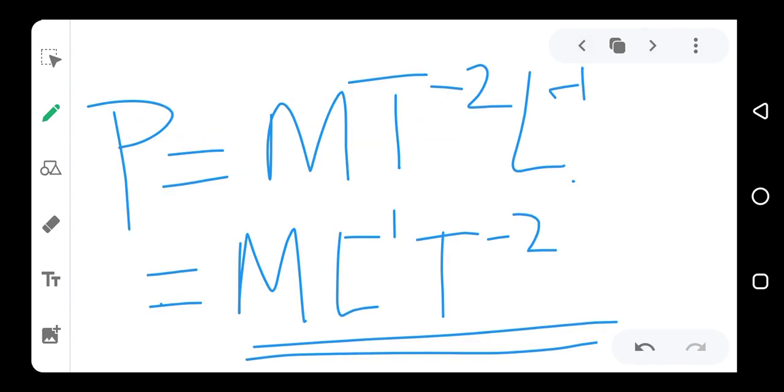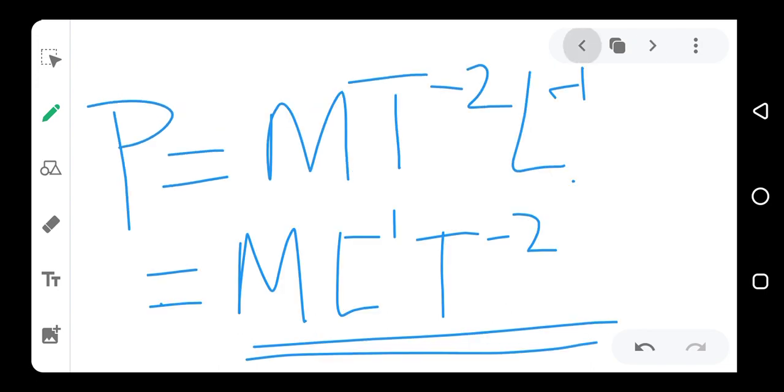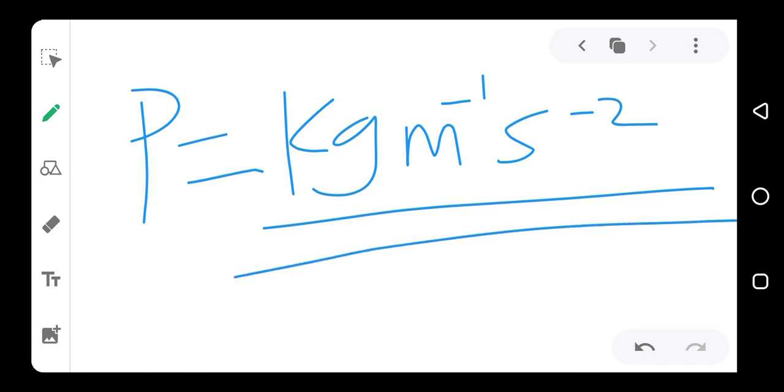The superscript is -1, so we put -1, and then time is measured in second, and the superscript here is -2, so we put second and then -2. This is the unit of pressure.